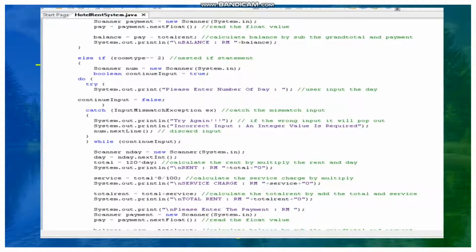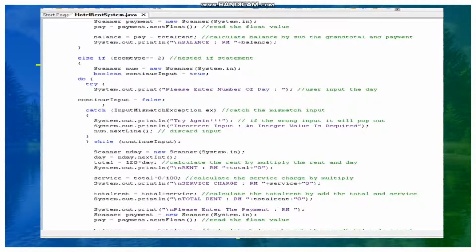Then discard input. Total equal to 120 times day calculates the rent by multiplying the rent and day. Service equal to total times 8 divided by 100 calculates the service charge by multiplication. Total rent equal to total plus service calculates the total rent by adding the total and service.